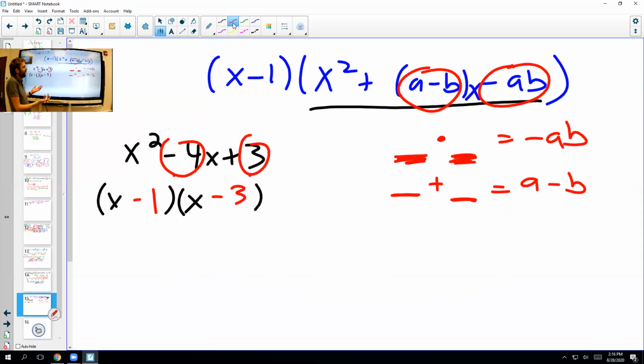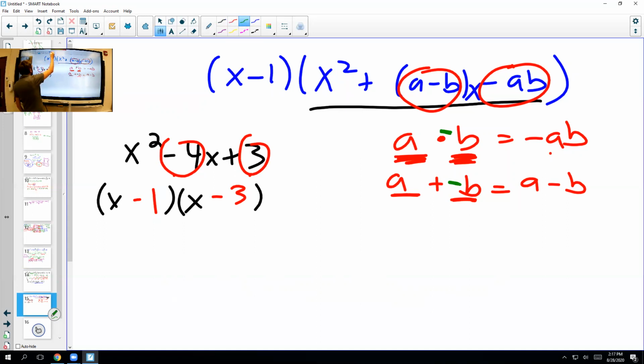Well, the natural thing to do here, I think, the only 2 numbers I can think of that multiply to AB are A and B, right? But AB only would be positive AB. How do you get negative AB? Well, you just make one of them negative, right? You can make a negative A or a negative B. But if you make a negative B, then look at what these add to. A plus negative B does add to A minus B, right? So this works out perfect.